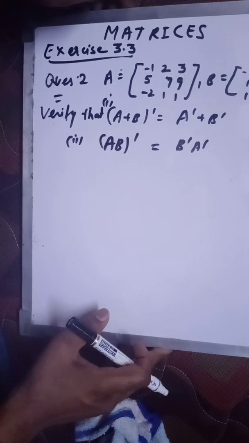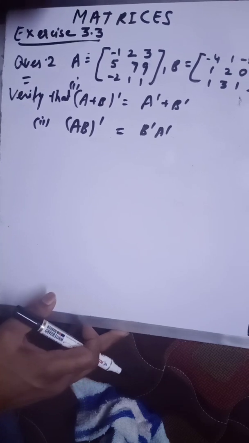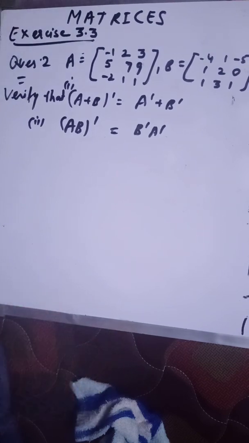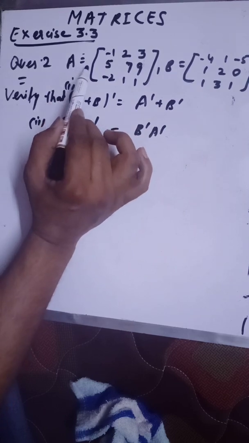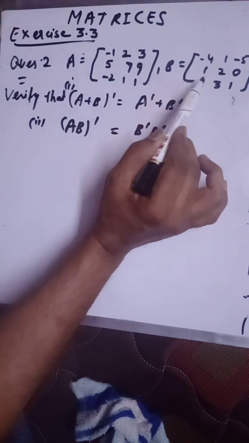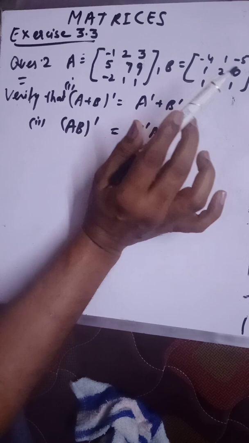Yes students, see, this is your question number 2. Here two matrices are given to us, that is, matrix A is this and matrix B is also given to us like this.